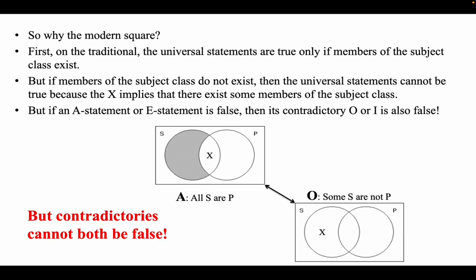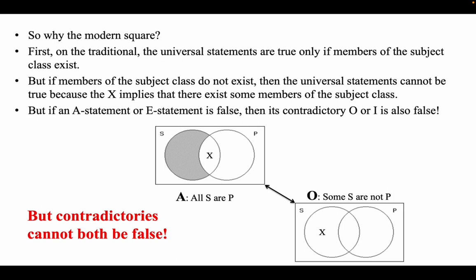So the question obviously is, why do we use the modern square? Why did they even invent the modern square of opposition? Well, first of all, you should note that on the traditional interpretation, the universal statements are true only when the members of the subject class really exist.